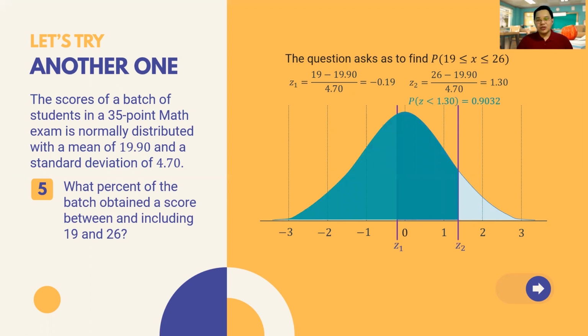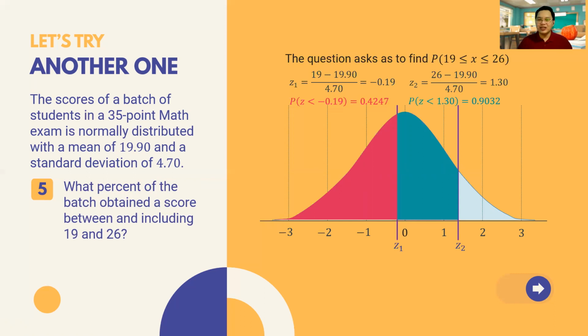And when we take a look at the z table, notice that the value corresponding to z less than 1.30, that's z sub 2, is going to be the area to the left of z sub 2. In the same way, the corresponding value on the table for z sub 1, which is equal to negative 0.19, is 0.4247. That's again the region to the left of z sub 1.